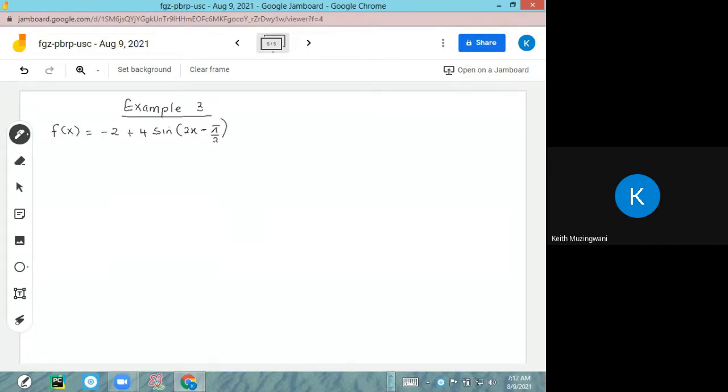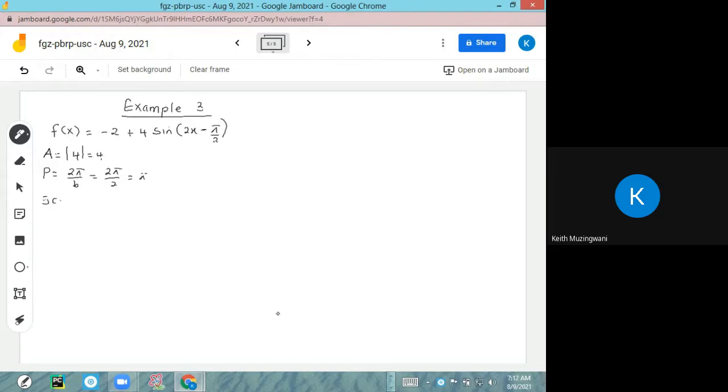So you want to sketch this, so you get to know the amplitude, modulus of 4, which is 4. The period, 2 pi over b, which is 2 pi over 2, which is pi.